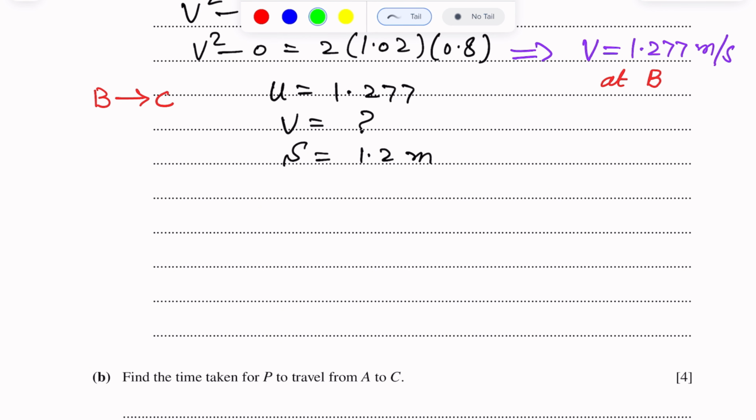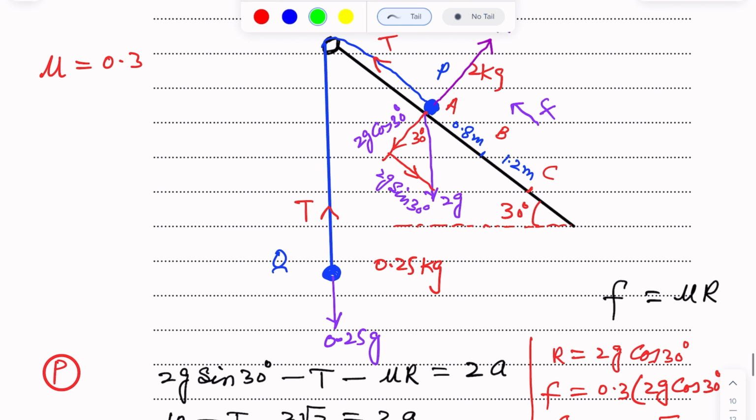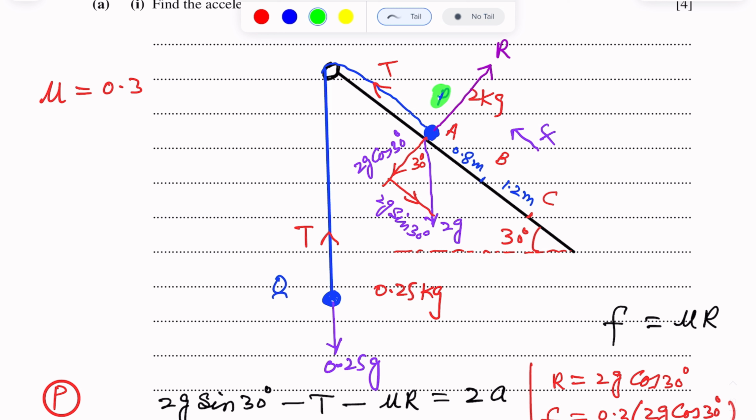And we have to find the acceleration. What will be the acceleration of particle P during the motion from B to C?